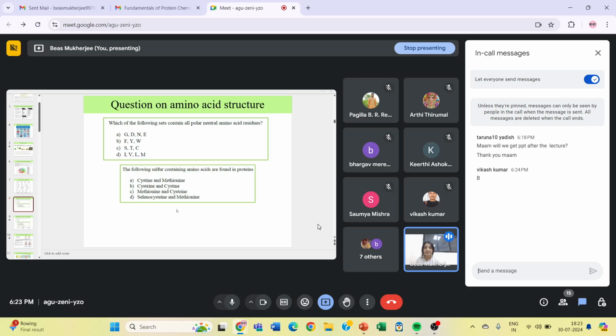So B is the answer for which question? First one or the second one? Cysteine and methionine. Yes. Cysteine and methionine is correct.